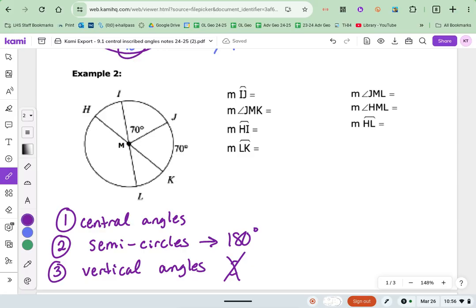This is the center of the circle, so this is the diameter. Don't add your own lines. Yeah, this one.